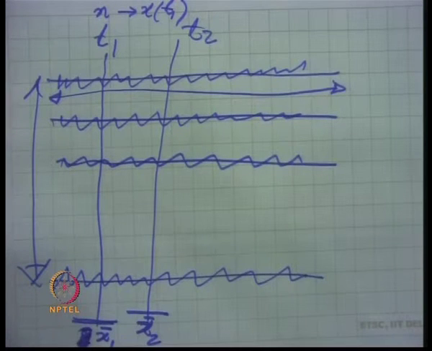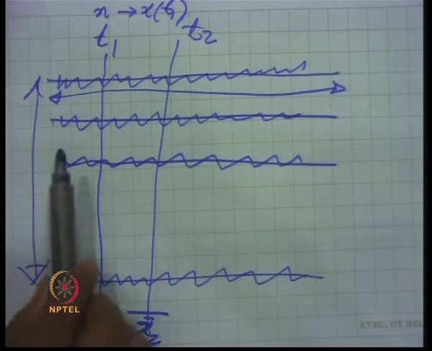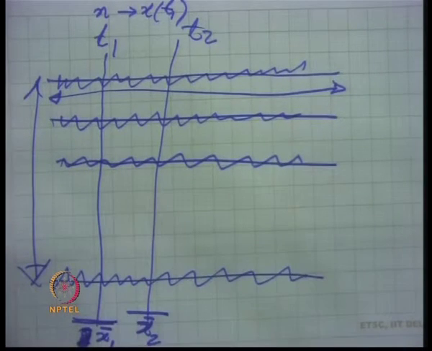If we see that x bar 1 is approximately equal to x bar 2 and is approximately equal to x bar 3, and so on, then we can say that across this ensemble the ensemble average is invariant with time.